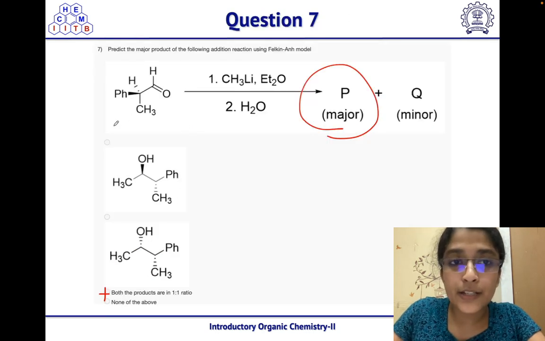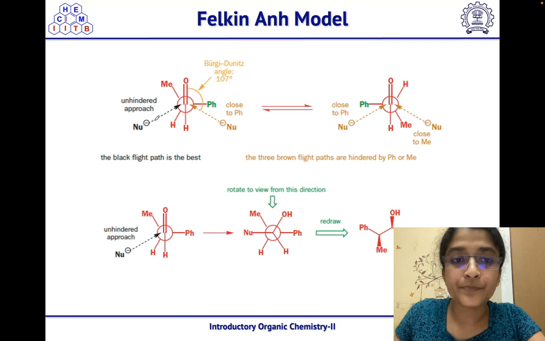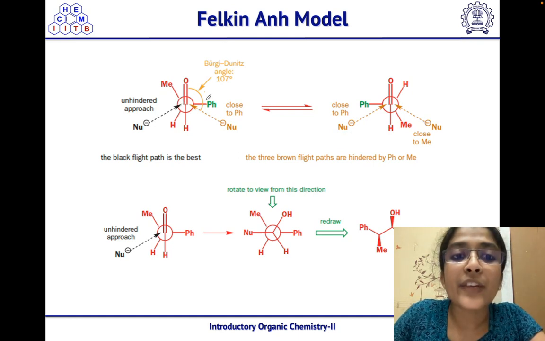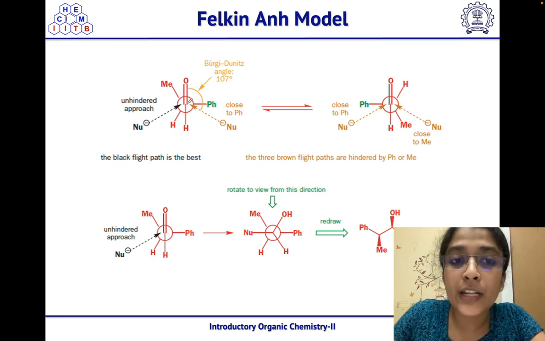This is same as our question that we discussed in question 5. So the nucleophile will attack from the unhindered side following the Burgi-Dunitz angle, and in the Felkin-Anh model we have to write the bulky group perpendicular to the carbonyl group. Here the bulky group is Ph, so we are writing it perpendicular to the carbonyl group.